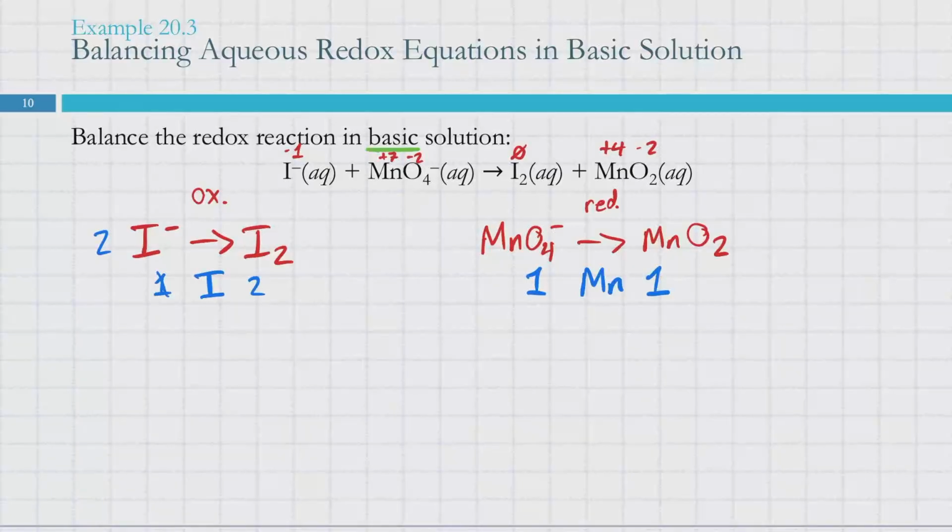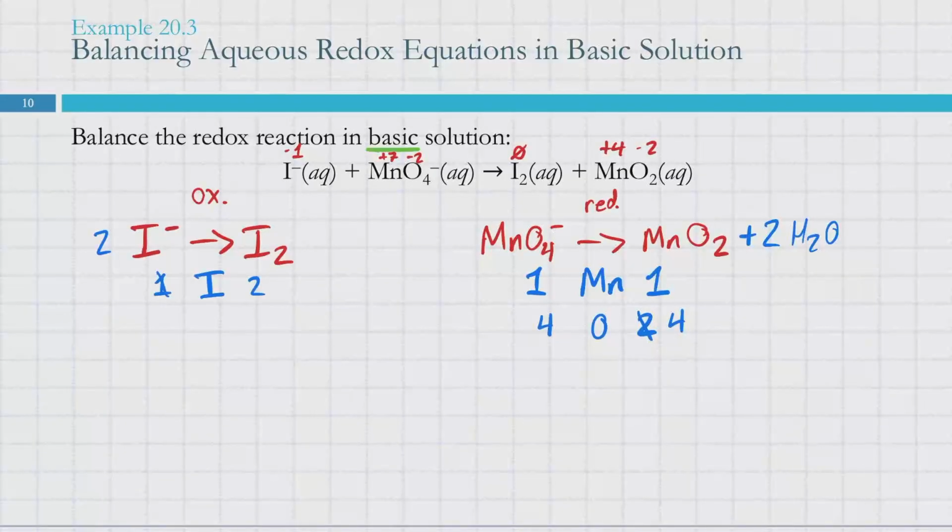Our manganese is balanced. The other thing that we've got is oxygen. We've got 4 on the left, 2 on the right. To get those balanced out, we can add water. We're still in an aqueous solution, so we can add 2 H2Os. Now we've got our 4 oxygens on the right side.